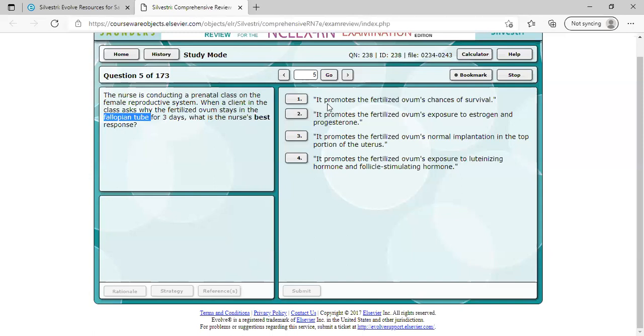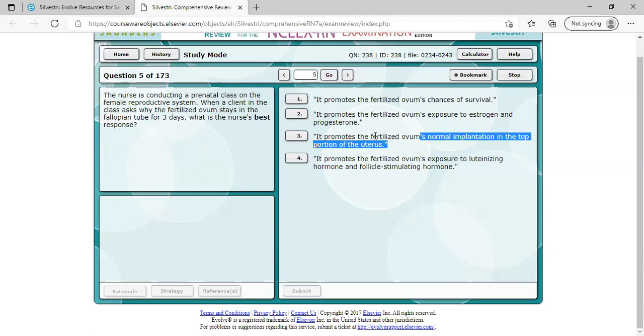Number one, it promotes fertilized ova change for survival. Number two, it promotes the fertilized ova being exposed to estrogen and progesterone. Number three, it promotes fertilized ova normal implantation in the top portion of the uterus. So this zygote needs preparation.